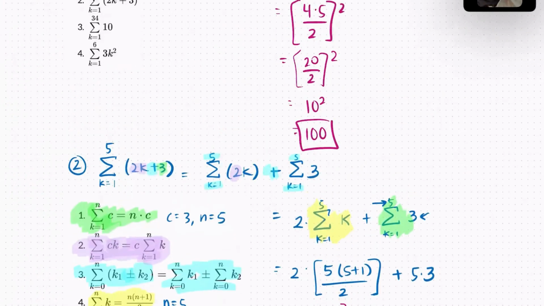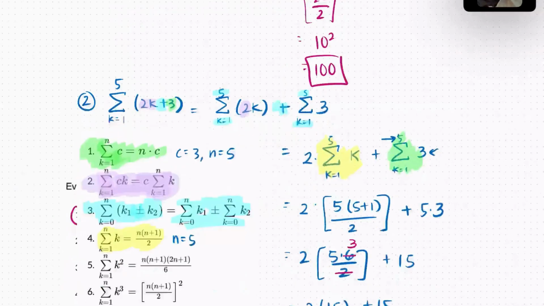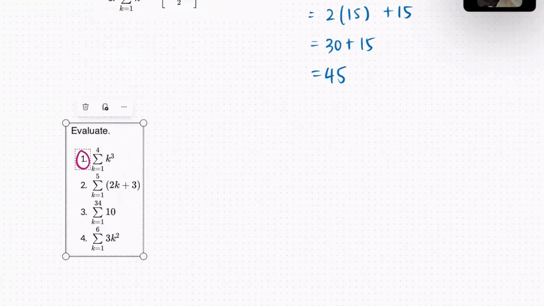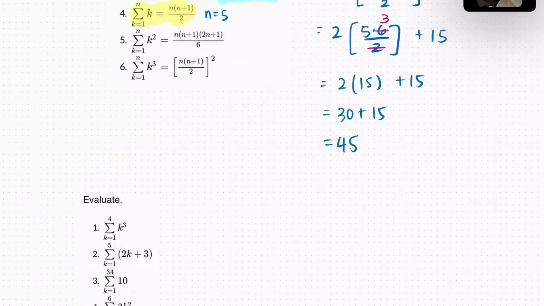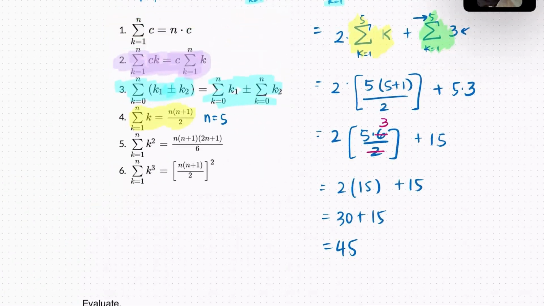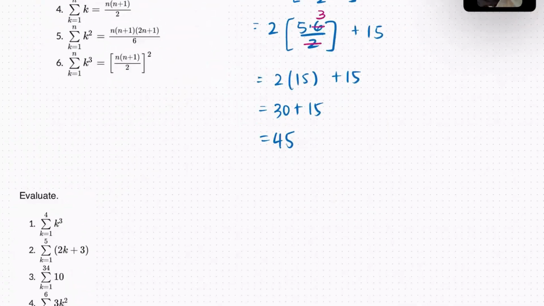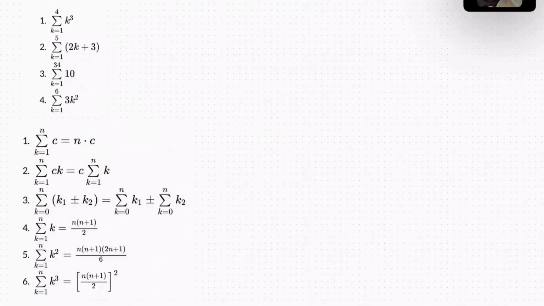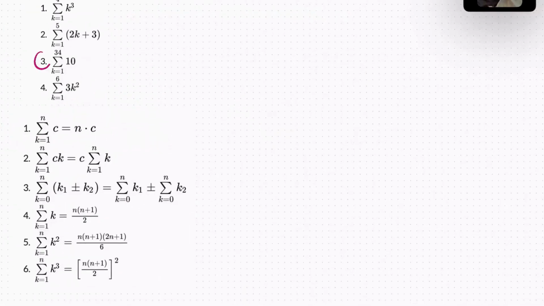Okay, we have a few more of these to go through. Let's drag that down. Let me erase all of this so I can use it again instead of adding it every single time. Okay, so we are currently on number 3. We're looking at the sum from k is 1 to 34 of 10.